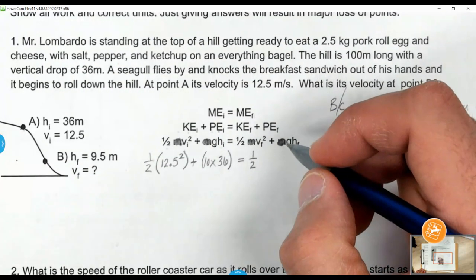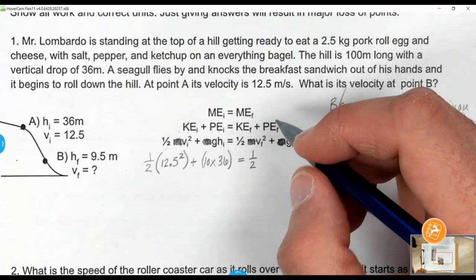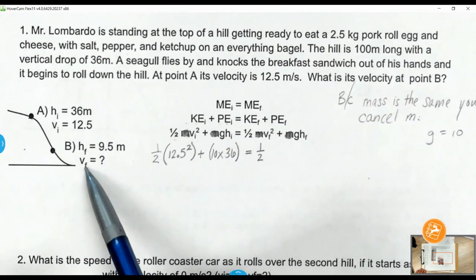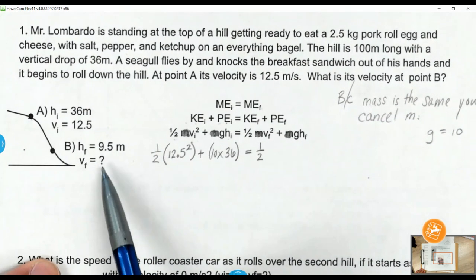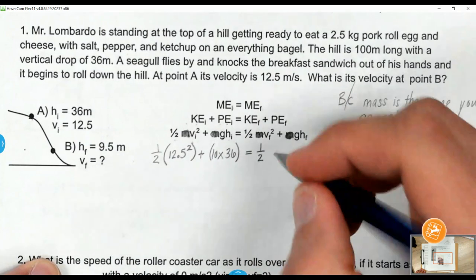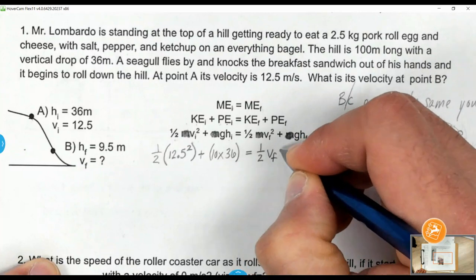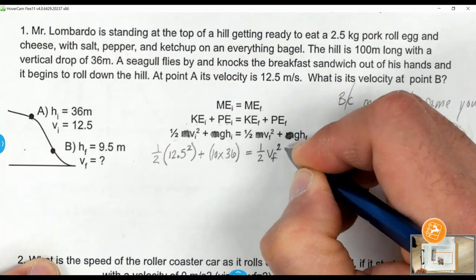1/2. See, what is, do we have v_f in this? We don't, right? So if we don't have the variable, one of the variables, we're going to let it be. So we're going to write 1/2 v_f squared.